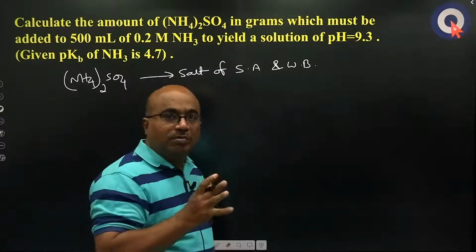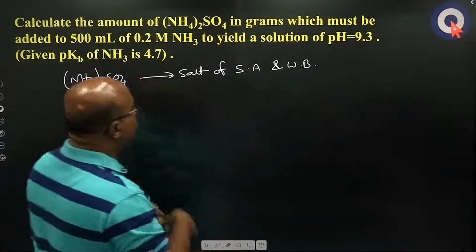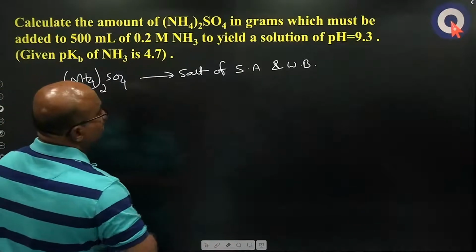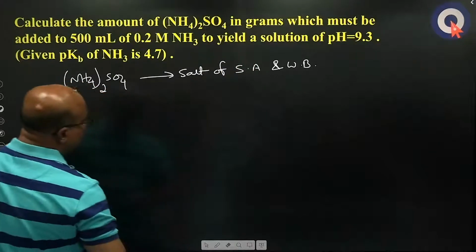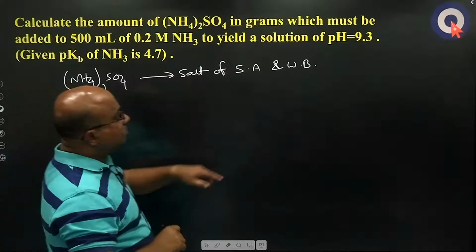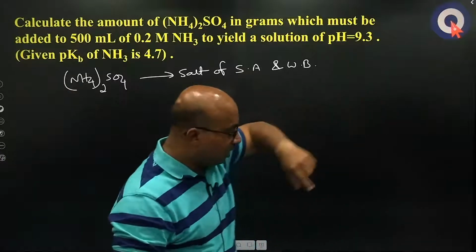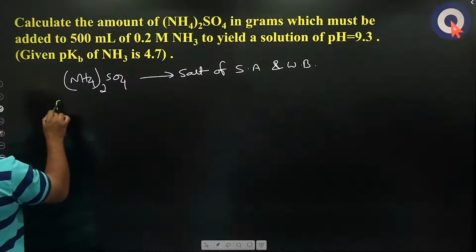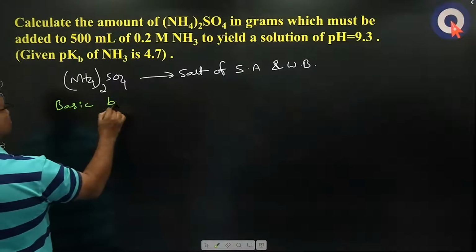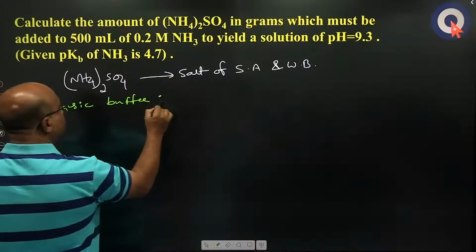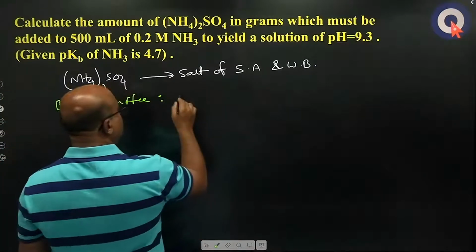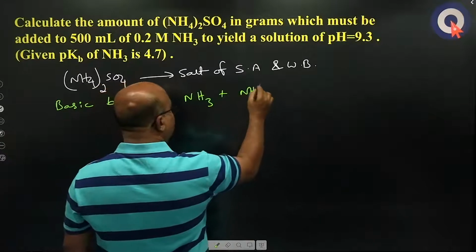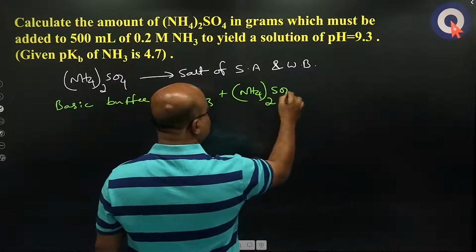So it may be a buffer situation, with some ammonia and some ammonium sulfate, because the pH is 9.3. That is a basic buffer, a buffer of NH3 plus NH4 twice.